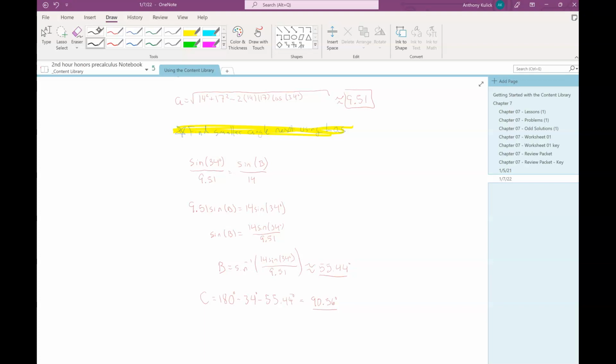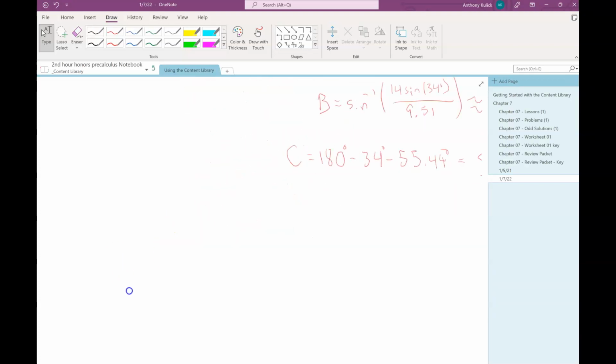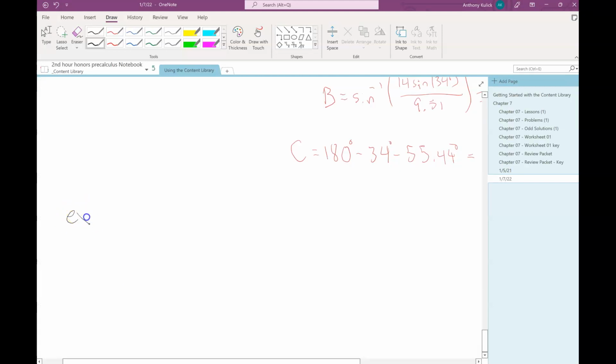But that's the only really tricky thing here. Otherwise, it's just plugging through formulas, right? Little bit of light algebra. All right. One more example here.